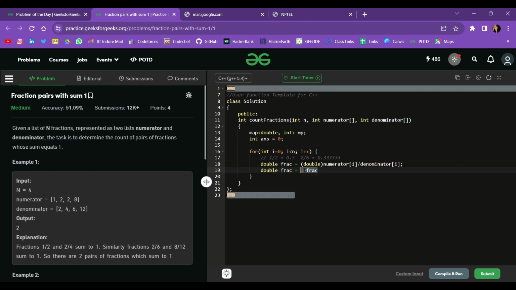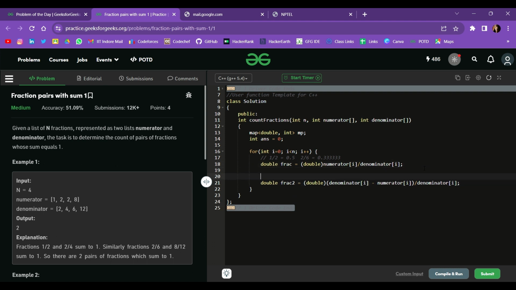So that is the number that we need to find in our hash map. So we'll just write denominator i minus numerator i divided by denominator i. So this number we need to find.